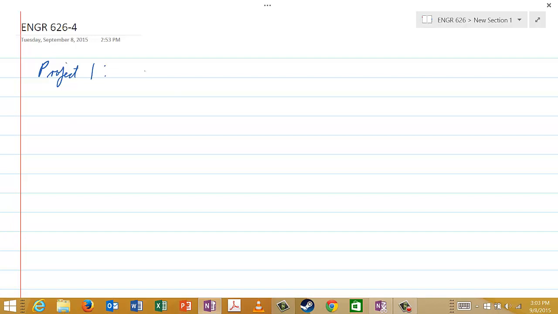So for project 1, by the way, before I go any further, let me make sure it's clear that for all of the computer projects, you're going to be producing plots, and on every plot you should graph both the analytical solution and your numerical solution so that we can compare them and get an idea of how accurate your numerical solution is.